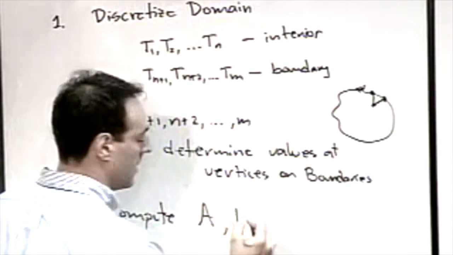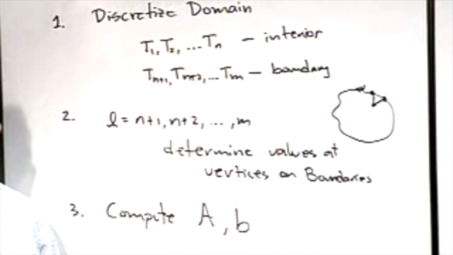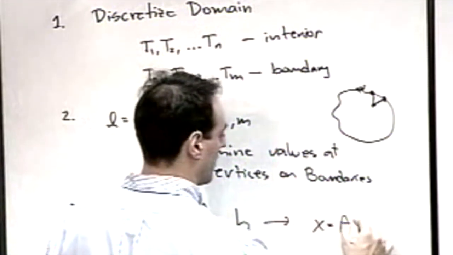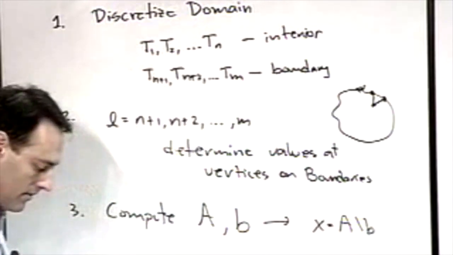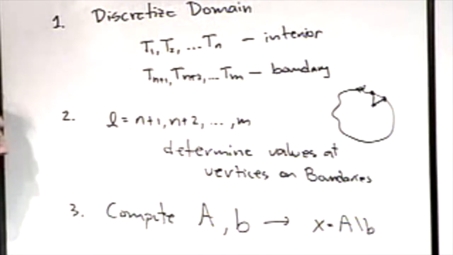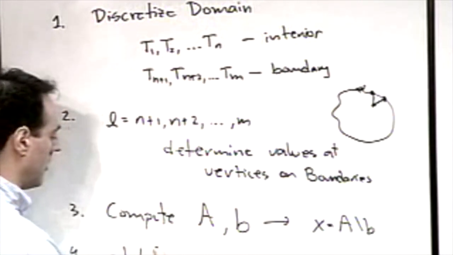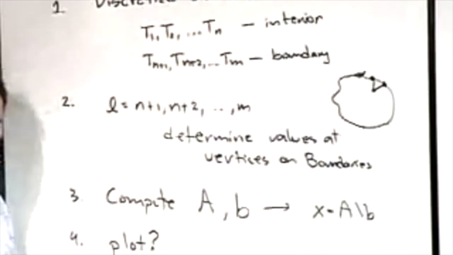A and B. These big matrices of vectors, your right-hand side in your matrix. Solving it is then trivial, right? Because then your solution is just that. And then part of your big thing is to plot this now. Remember, you did this expansion.